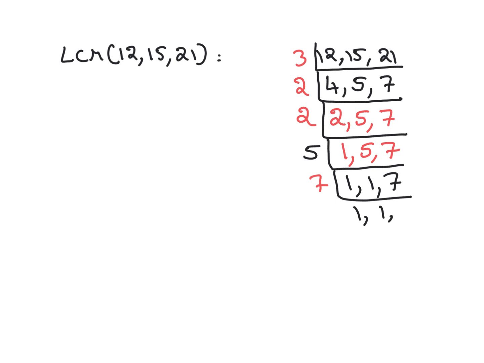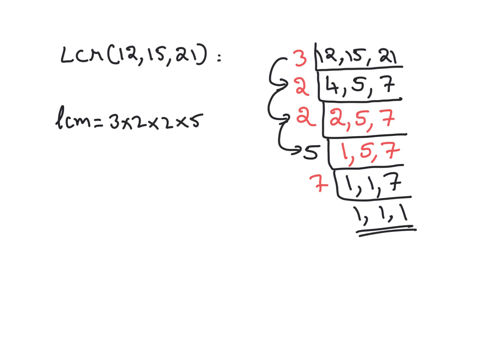1, 1, 1. So we have to continue until we get all ones. Now we can go back and find out the LCM of this. 3 times 2 times 2 times 5 times 7. How much is this?